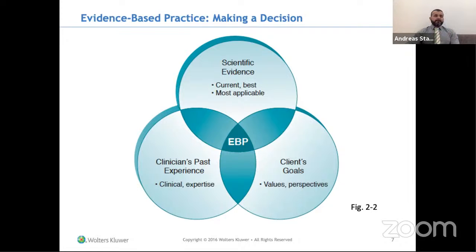Let me give you an example. Let's say that the best case for your client is to apply some kind of PNF, right? PNF is great, PNF is awesome, but it's also a skill, and you don't know how to do PNF.